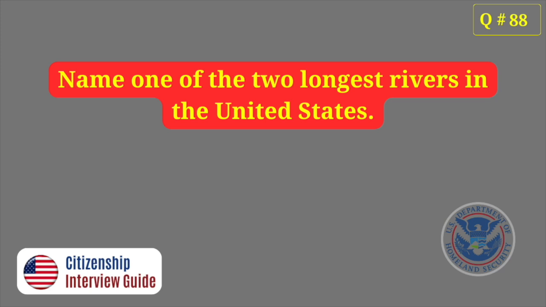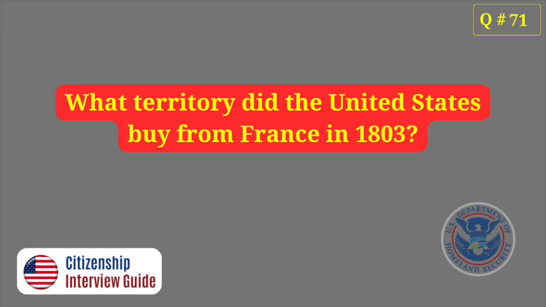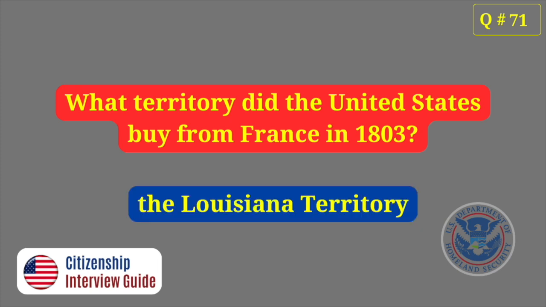Name one of the longest rivers in the United States. Missouri River. What territory did the United States buy from France in 1803? The Louisiana Territory.